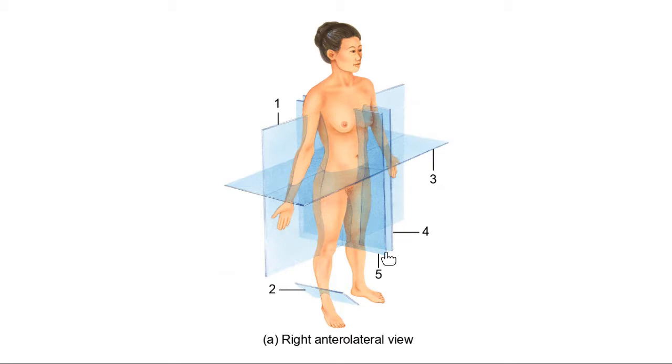Then you can see number 5. Number 5 passes exactly through the midline of our body. We call it mid-sagittal. And number 4 is parallel to our midline, and we call it parasagittal.